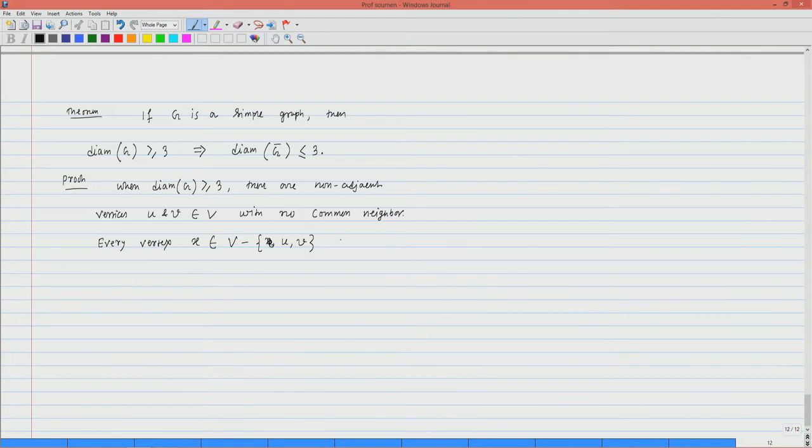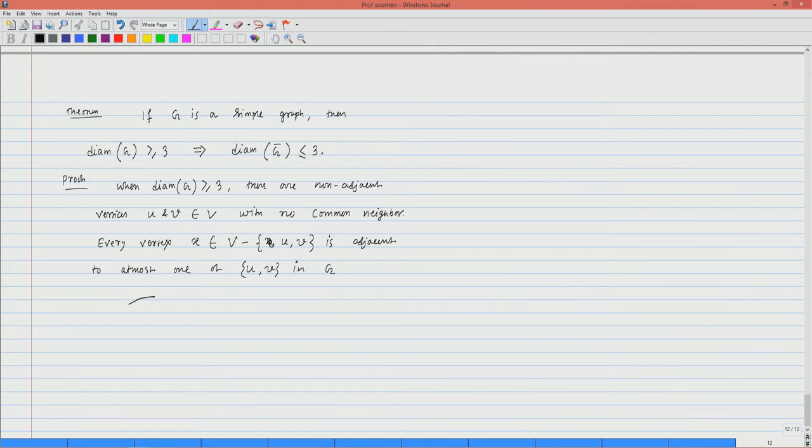So, every vertex x is adjacent to at most one of u, v in G.